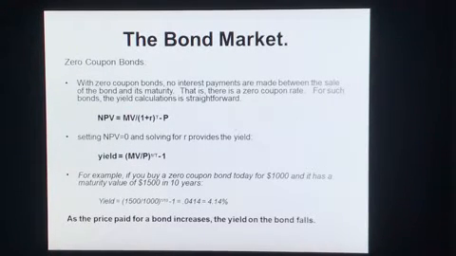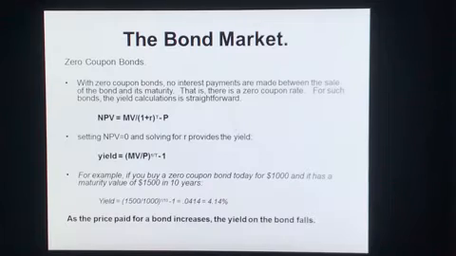How can we calculate the value or yield of a zero coupon bond? With a zero coupon bond, no interest payments are made between the sale of the bond and its maturity. That is, there is a zero coupon rate. For such a bond, yield calculation is very simple. We can calculate the present value of the future cash flows and subtract the price that we have paid.